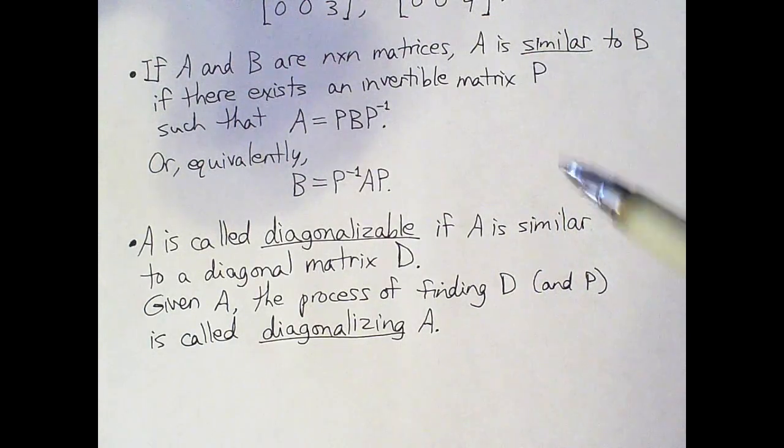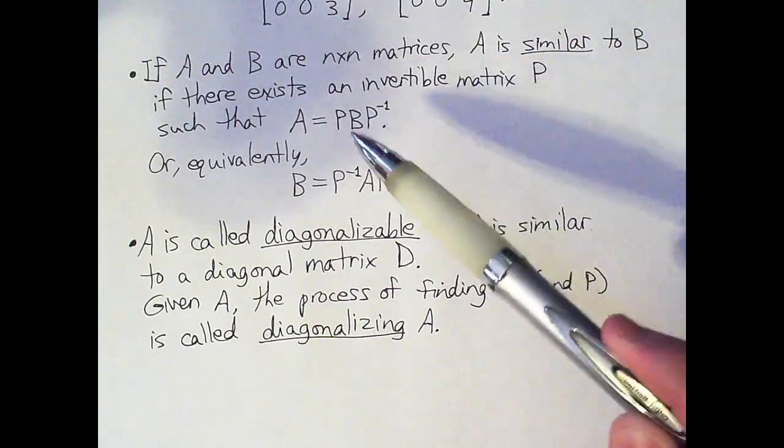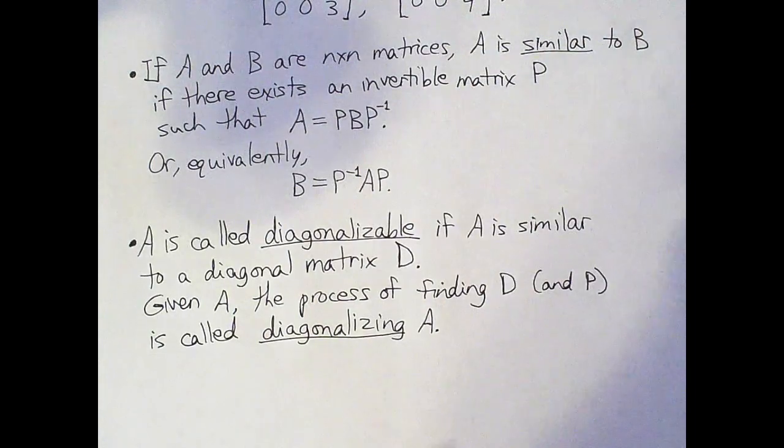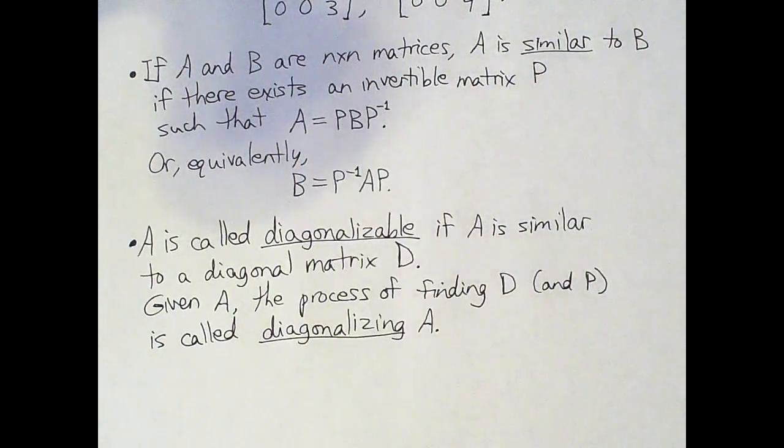And, you know, in order for it to be similar, we need to also find this matrix P, this invertible matrix P that shows up. So we want A equals P D P inverse.